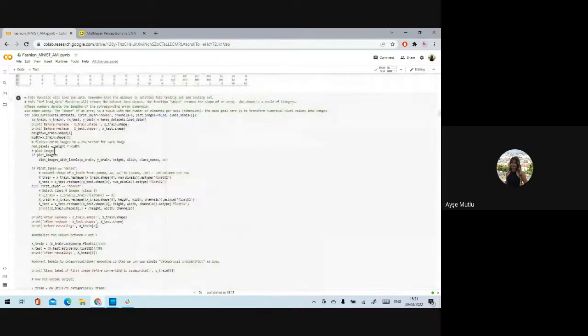So when we go back to the load data function, the first thing is we are calling the load data, and these data sets were already in Keras. It gives us this set of X-train, Y-train, X-test, and Y-test.